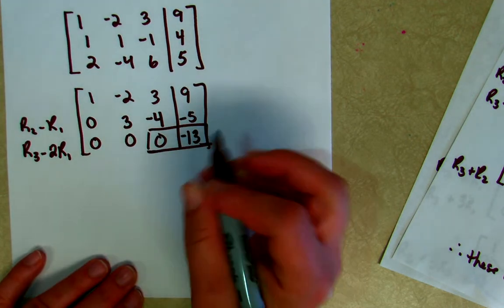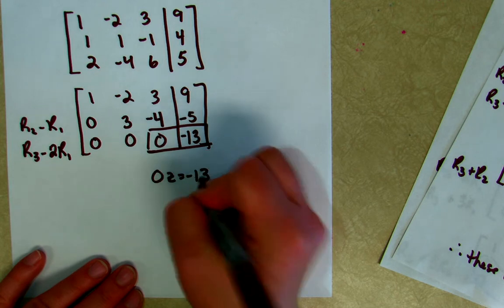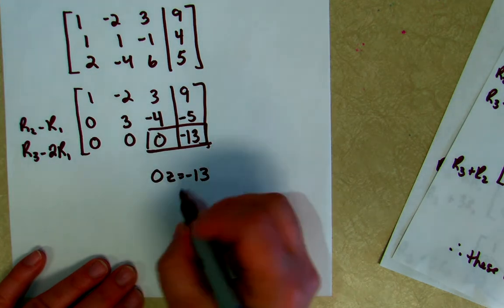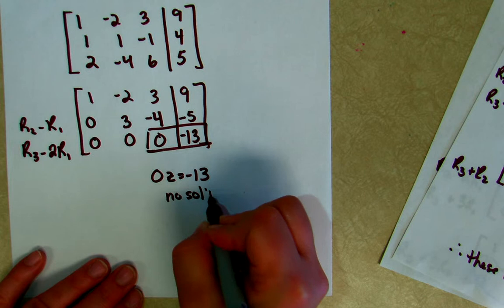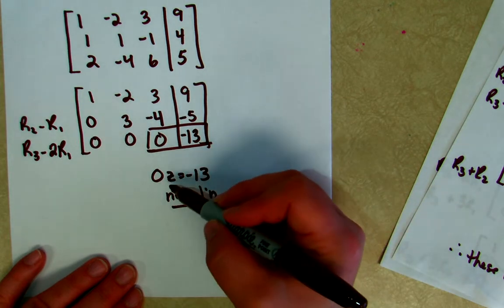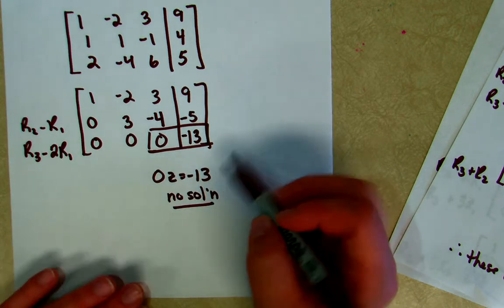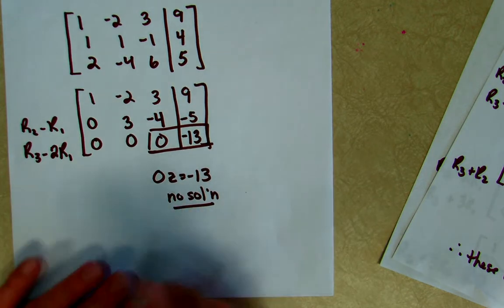So I'm going to read this off, and I get 0z equals negative 13. So this is no solution, because negative 13 divided by 0 doesn't exist, or there's no number that you can multiply 0 by to get negative 13. So this would be no solution.